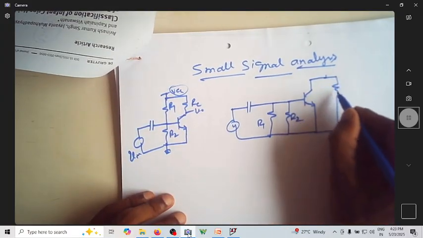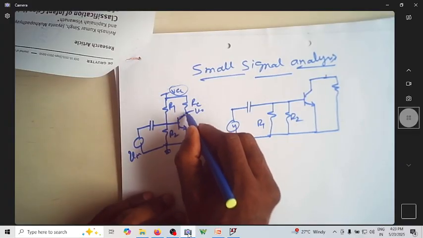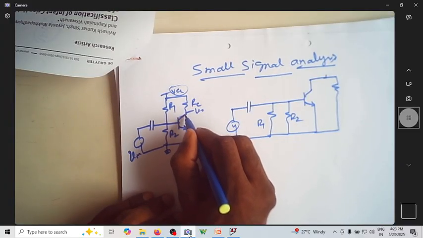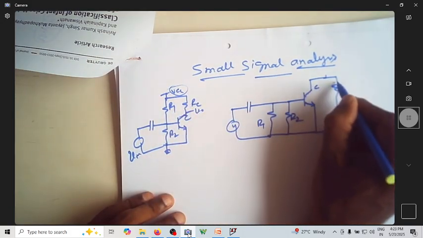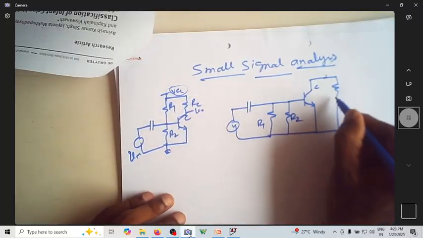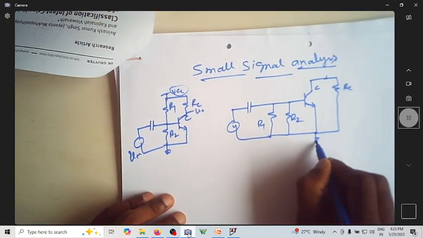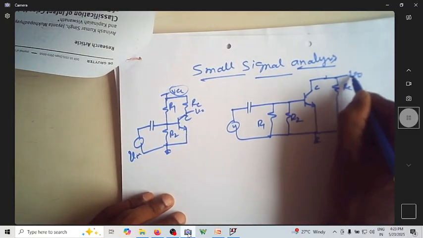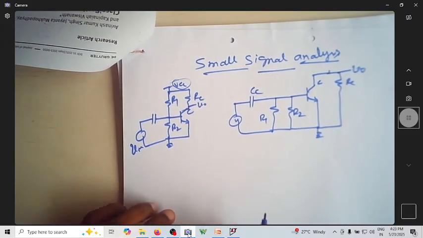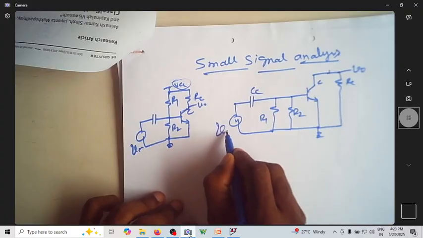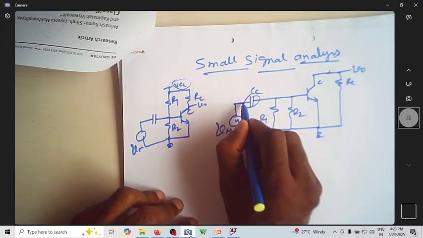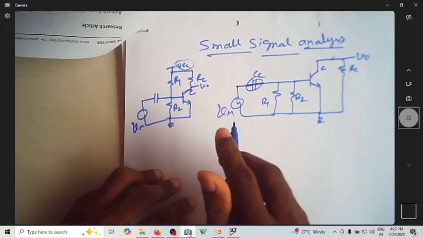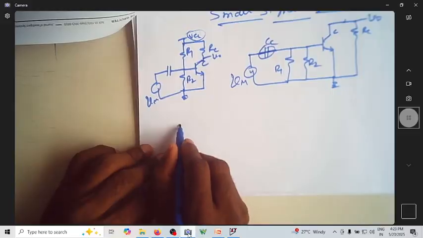The collector is connected to RC, and this RC is grounded. This is CC, and for a small AC signal this is also considered a short. So now this further reduces to this.